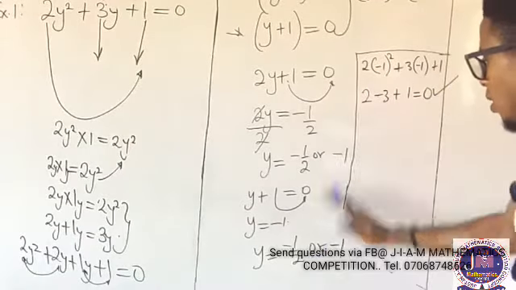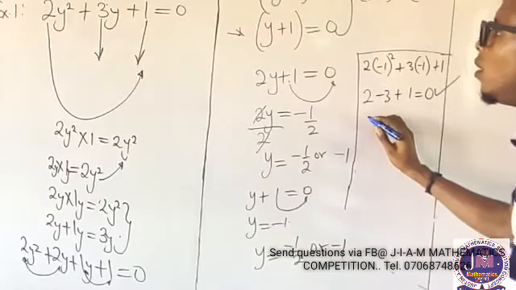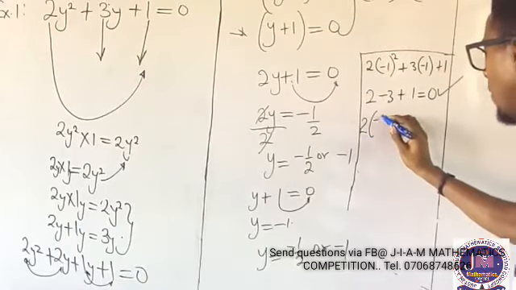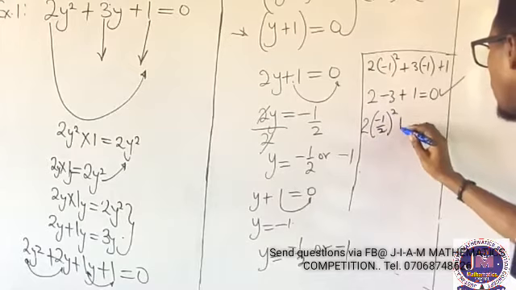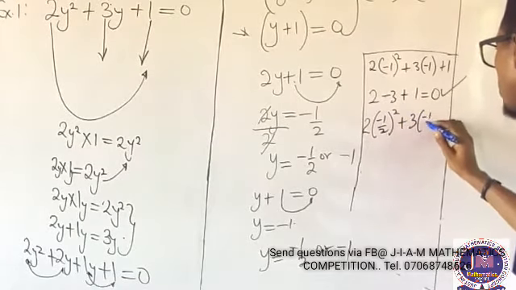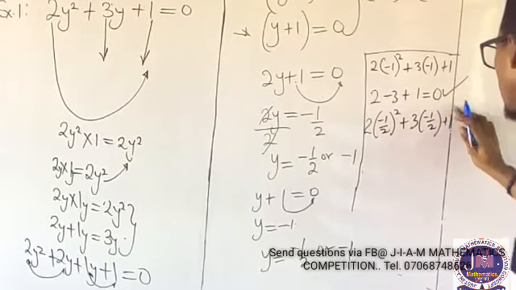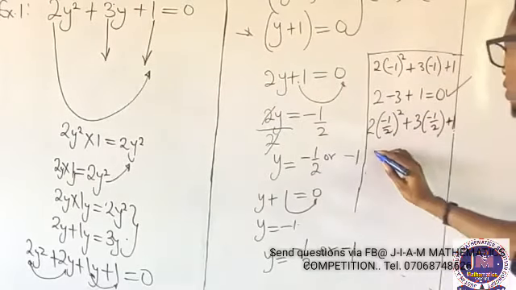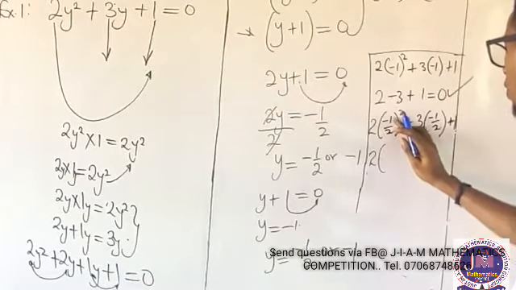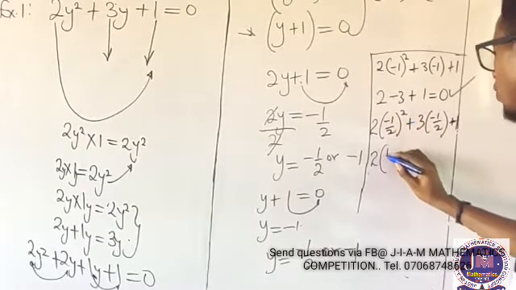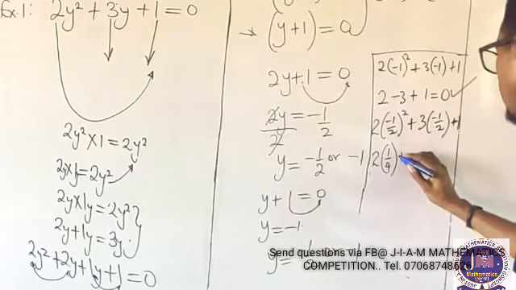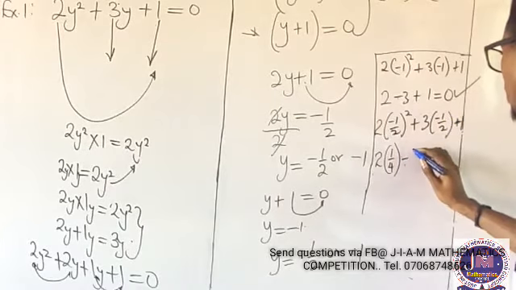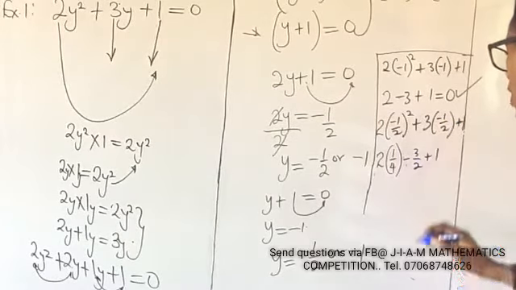Now let's check for minus 1 over 2. Wherever we see y, we'll put in minus 1 over 2: 2 times minus 1 over 2 squared, plus 3 times minus 1 over 2, plus 1. We expect our answer to be 0. Minus 1 over 2 squared is 1 over 4, so 2 times 1 over 4 is 1 over 2. Then 3 times minus 1 over 2 is minus 3 over 2, plus 1.